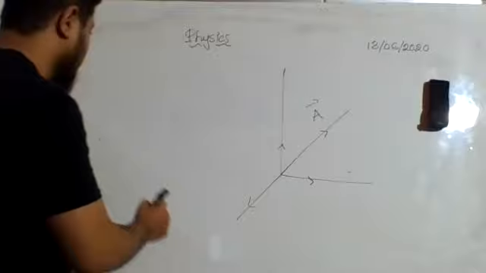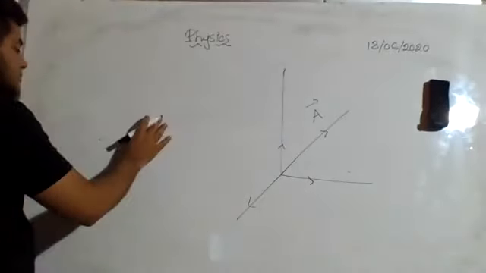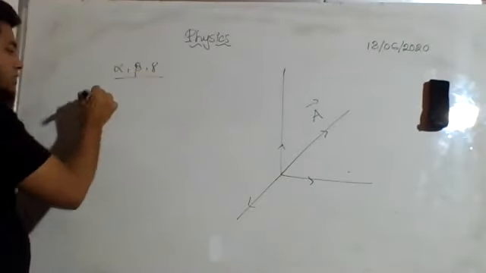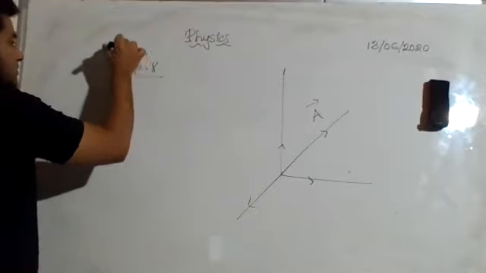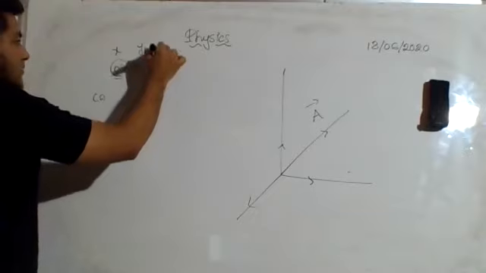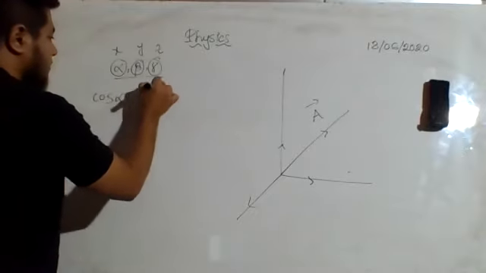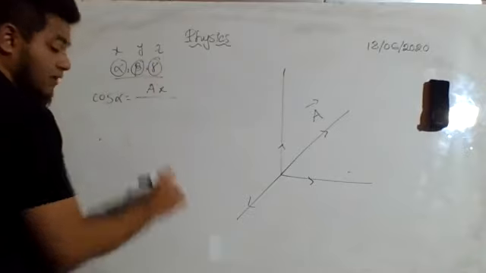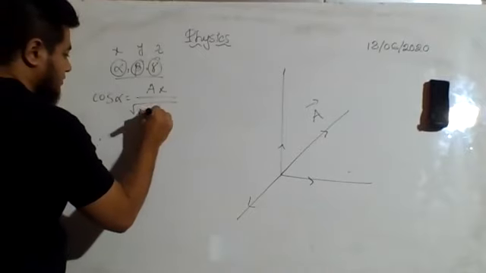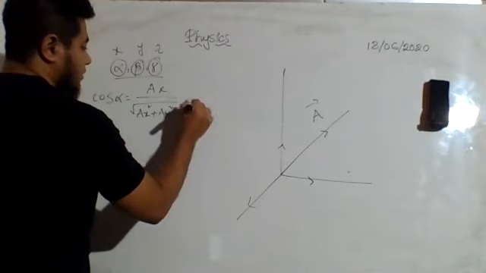Okay. So if the three angles between this vector and the axes are alpha, beta, gamma, then we can say, if alpha is the angle made with the x-axis, beta with the y-axis and gamma with the z-axis, then I can write cos alpha is equal to ax divided by the magnitude of the whole vector, that is root over ax square plus ay square plus az square.